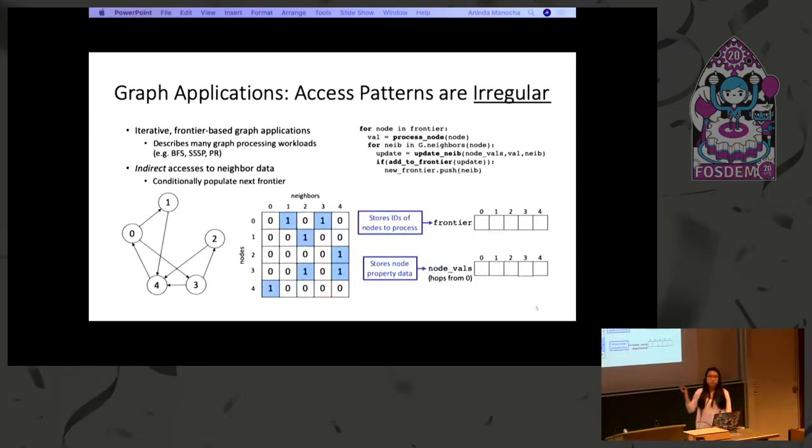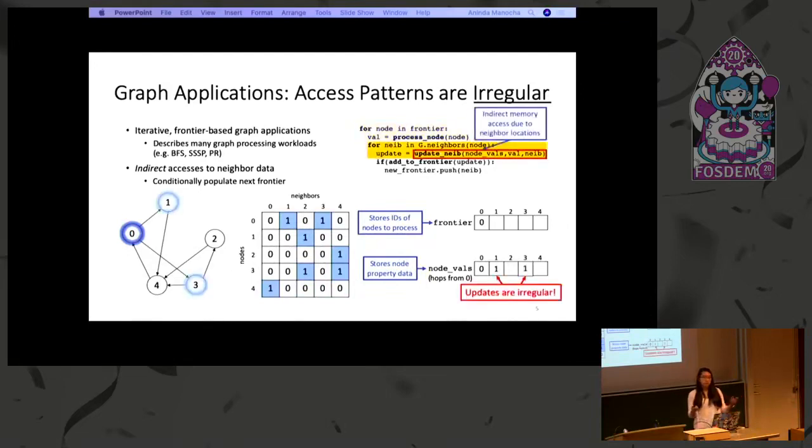I'm going to walk through this template in the context of the breadth first search algorithm. We're starting with our root node of 0. For every node in our frontier, we do a processing of that node. And then we look at all of that node's neighbors. In this case, we do an update neighbor function on that neighbor, and the exact details of this function depend on the objective of the algorithm.